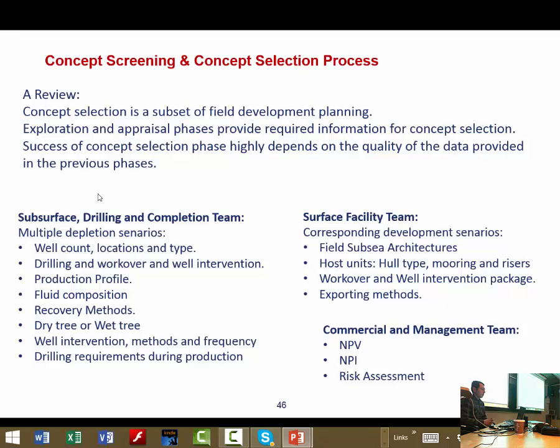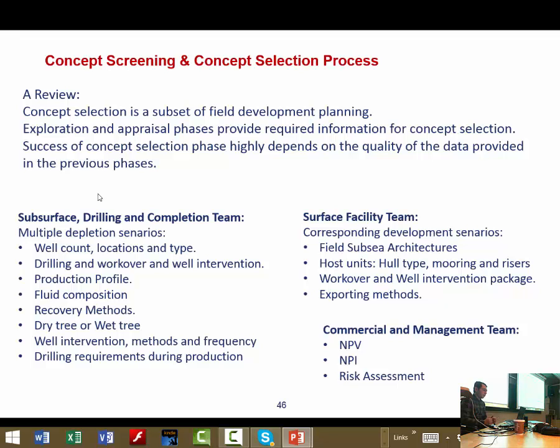To get aligned with the previous part of the lecture, as we mentioned, concept selection is a subset of field development planning. The exploration and appraisal phase provides the required information for concept selection, and the success of the concept selection phase highly depends on the quality of the data provided in the previous phase.